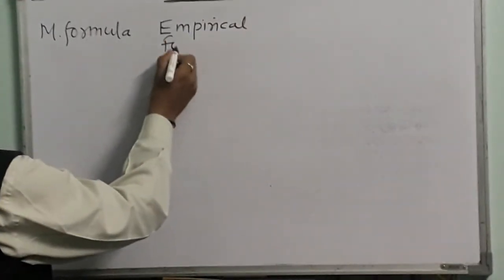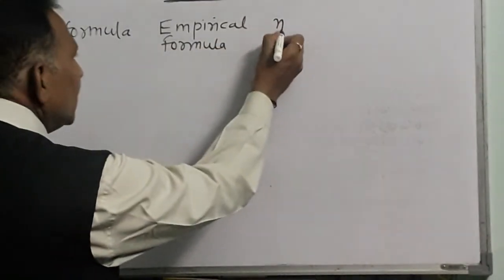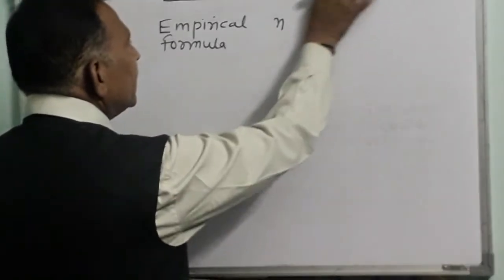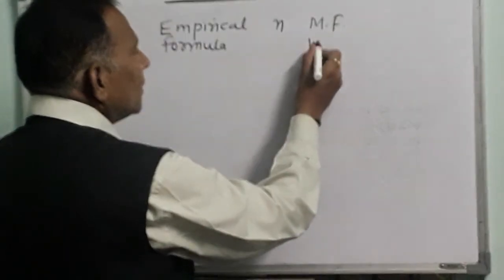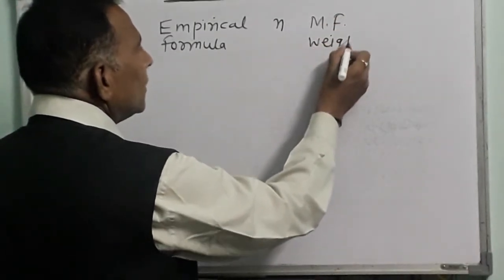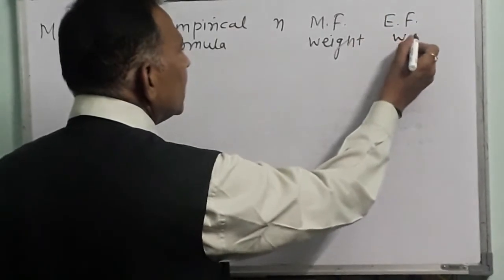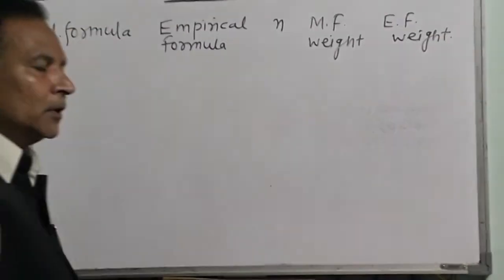Then we'll write over here the value of N, and we'll write molecular formula weight and empirical formula weight. So by this table everything regarding the compound will be clear to all of you.